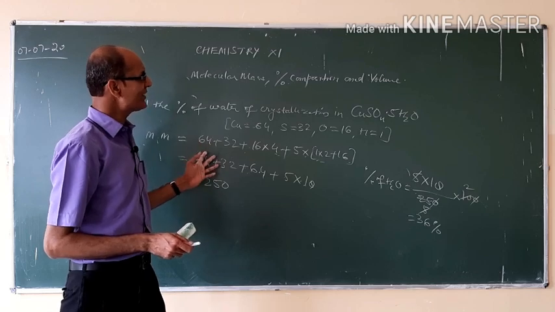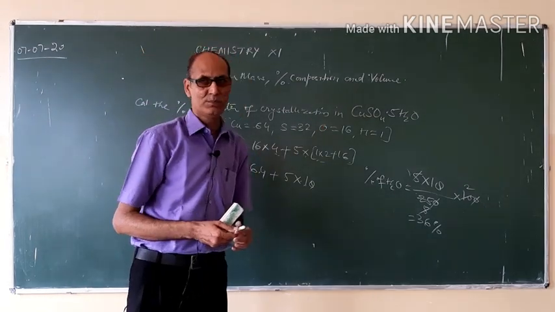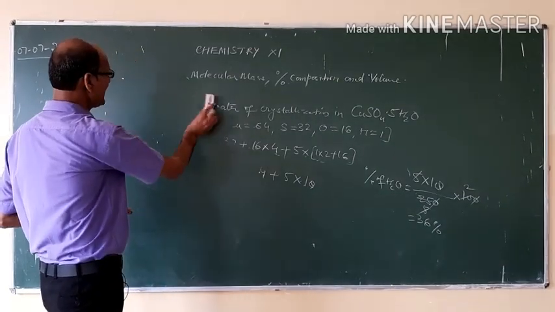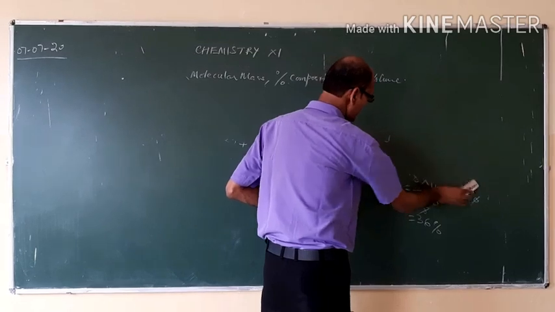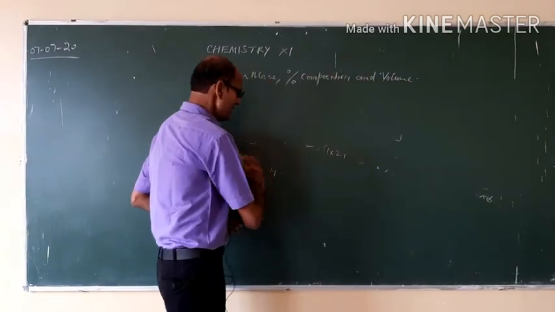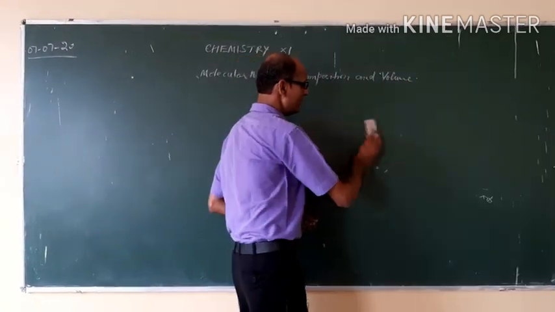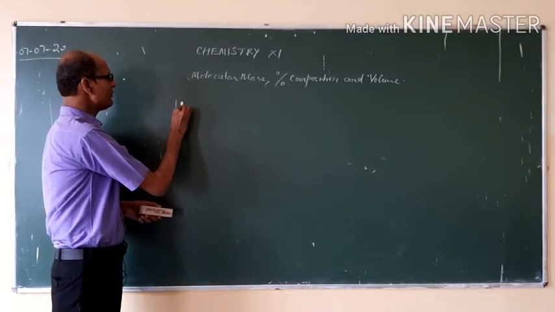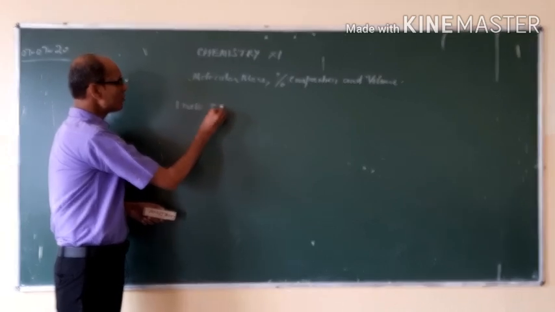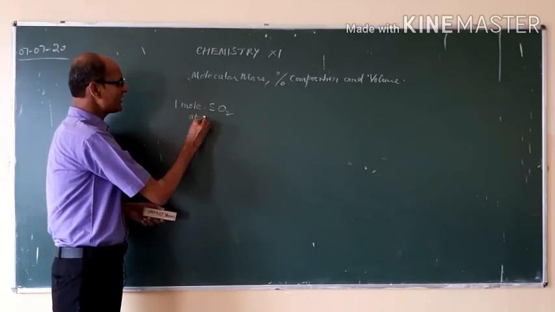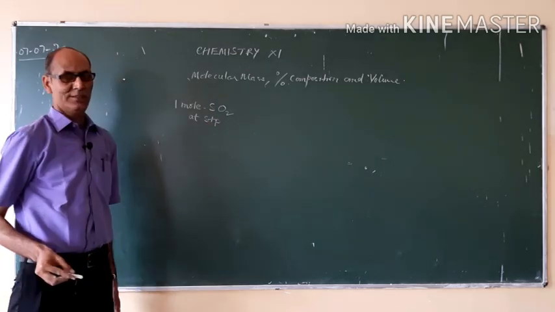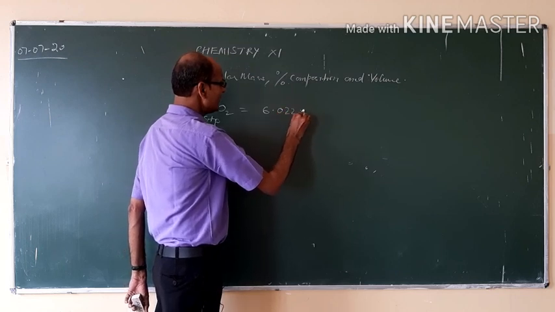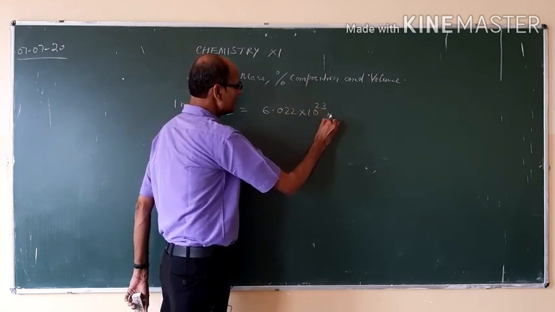Now we are moving to the next point, that is the volume. Yesterday in the last video we studied about the mole. When we calculate the mole of any gas, suppose 1 mole of SO2 gas at standard temperature and pressure contains 6.022 into 10 to the power 23 molecules.